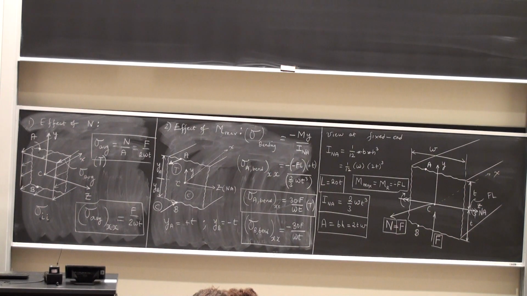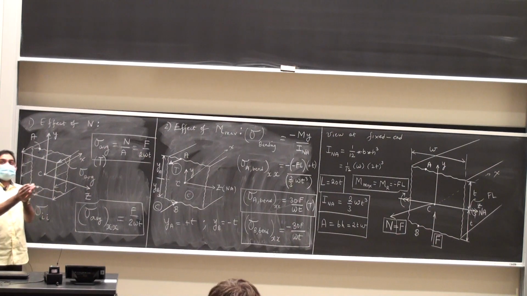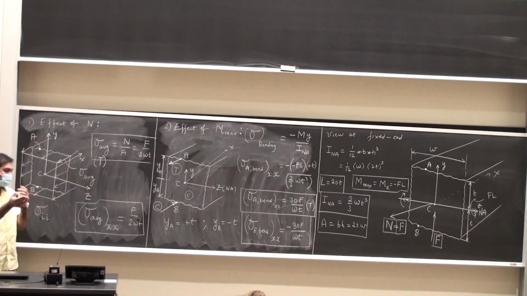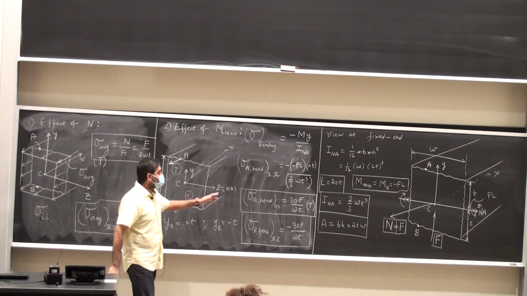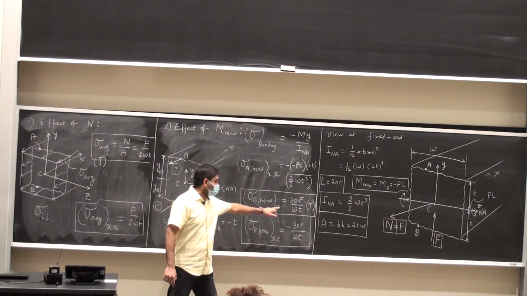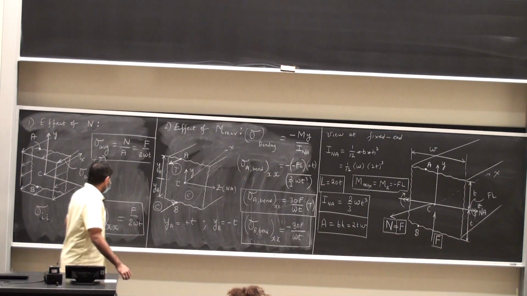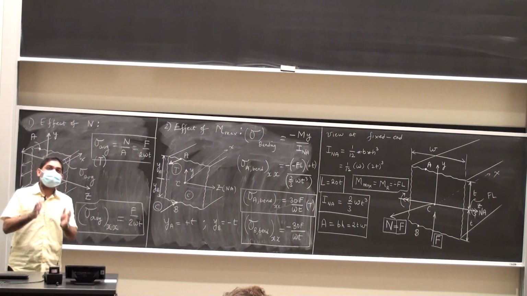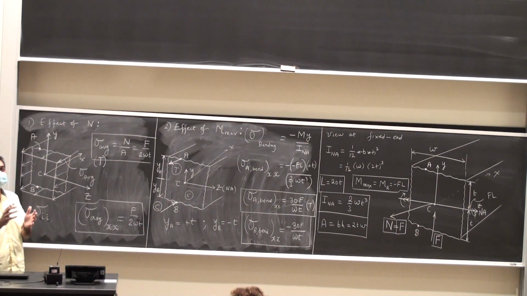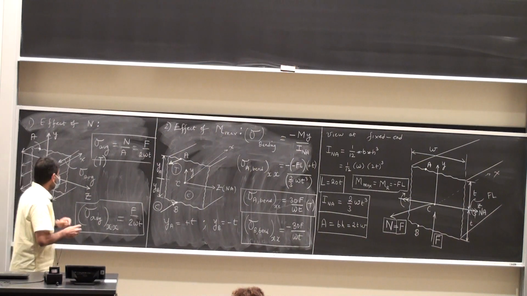It's going to be the sum of whatever is the axial stress due to the normal force, and whatever is the bending stress due to the bending moment. In this case, at point A, I am in tension. At all points in the cross section, I am in tension. So if I add the effects up, the total normal stress at point A, sigma A XX, is the following.